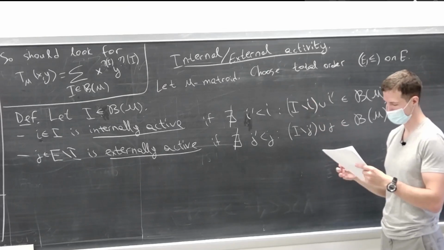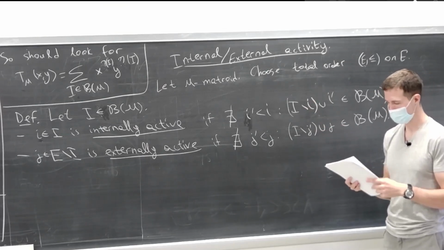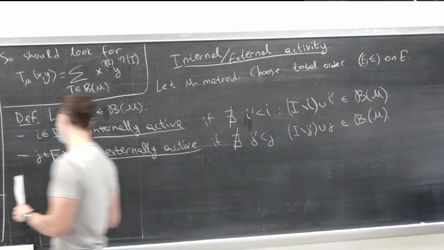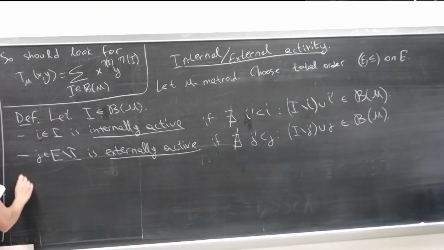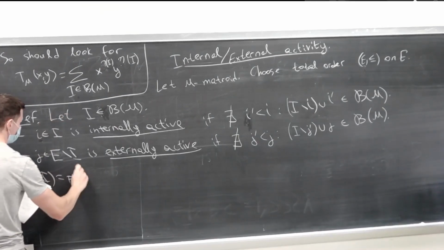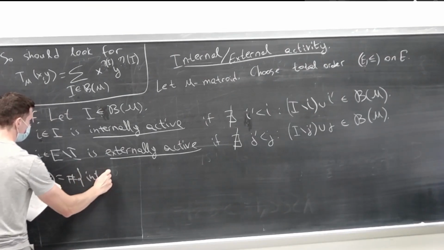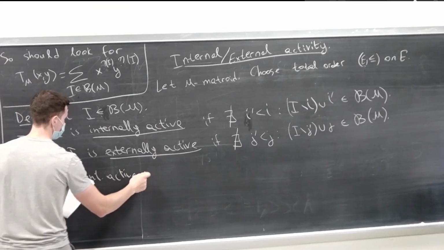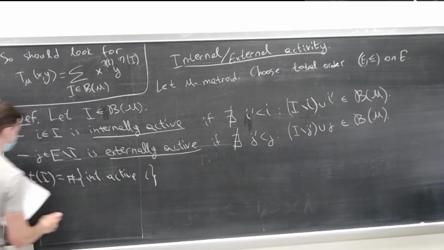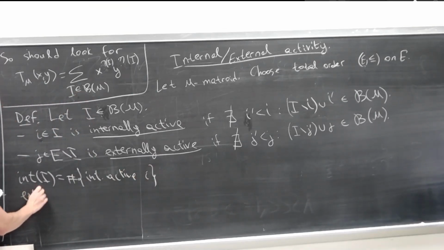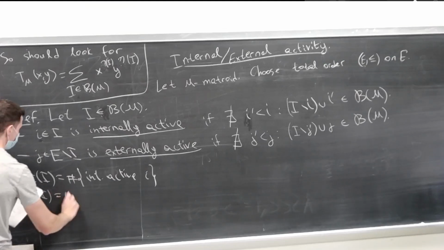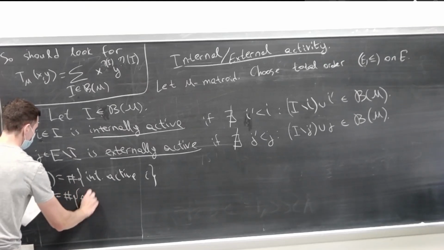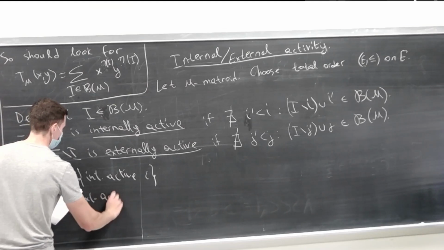So that's the definition. And just by definition, for a given basis I, int of I is the number of internally active elements of I, and ext of I is the number of externally active elements.